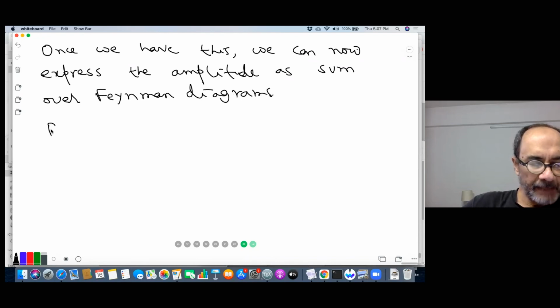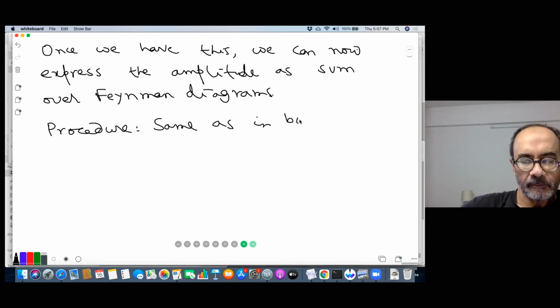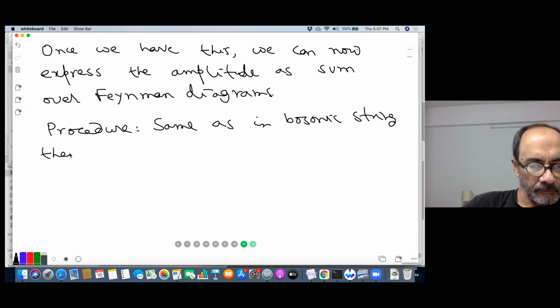The procedure is the same as in bosonic string theory, but with one difference.